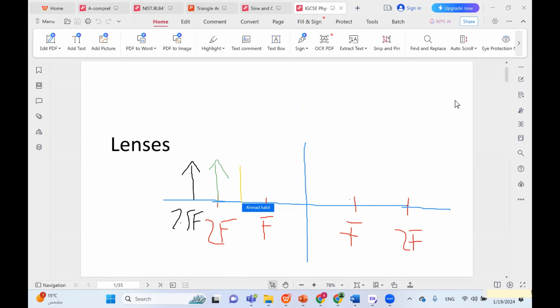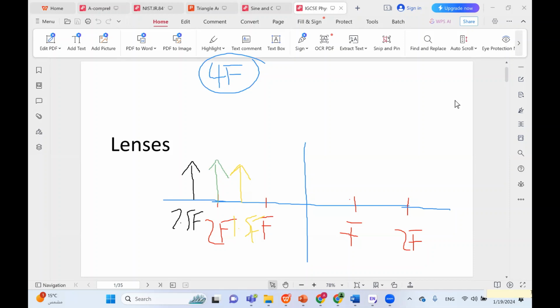So these are three cases that you need to be aware of, and you need to be aware of what happens on the other end. So the general rule here is that the distance between the object and the image is roughly 4f. So this is the distance between each object and its image.